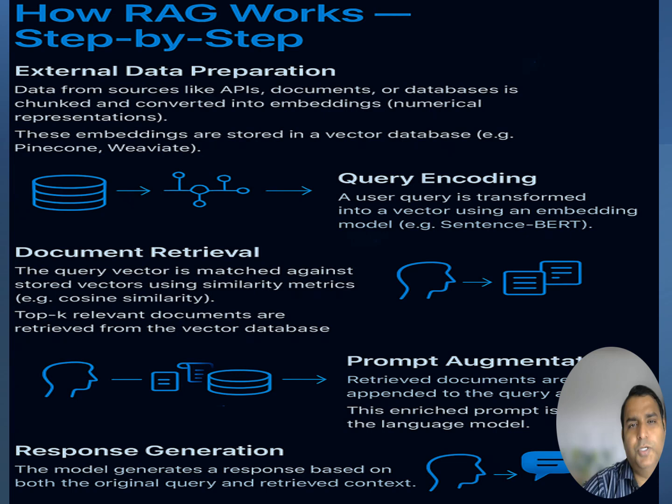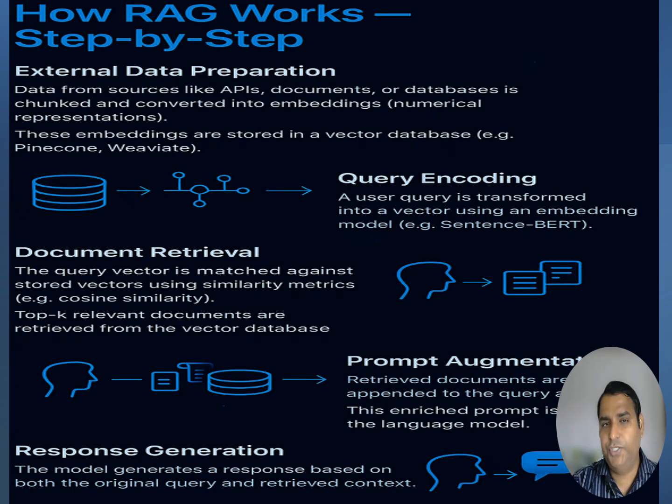If you want to go into detail on how RAG works step by step, primarily 5 steps are involved. The first step is external data preparation. Here the data from sources like APIs, documents, and websites is chunked into manageable pieces.